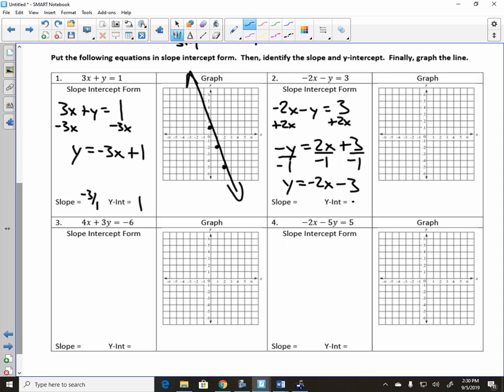So my y-intercept is -3. My slope is -2. If you see an integer like that, just write it over 1, -2 over 1. They'll tell you to drop 2 and run 1. Drop 2 and run 1.